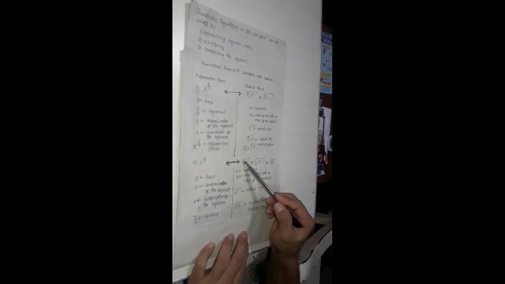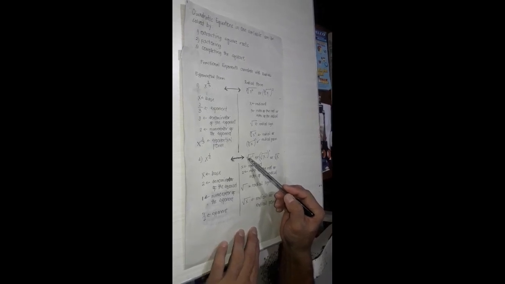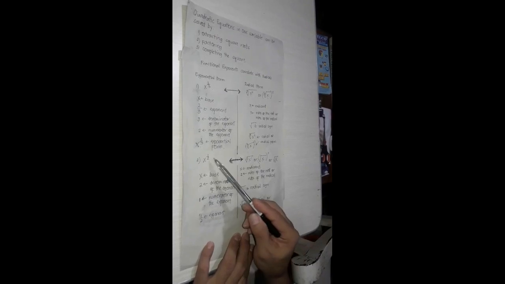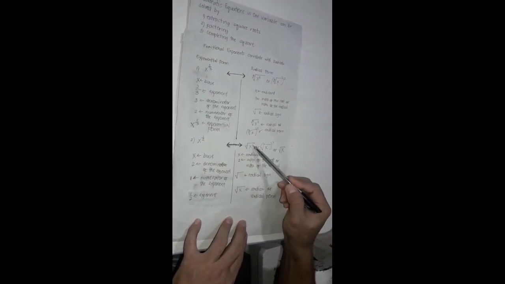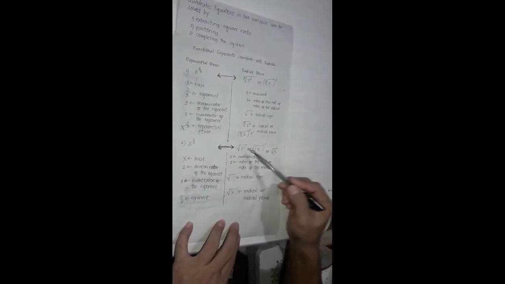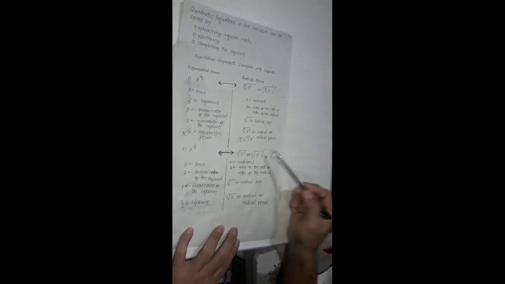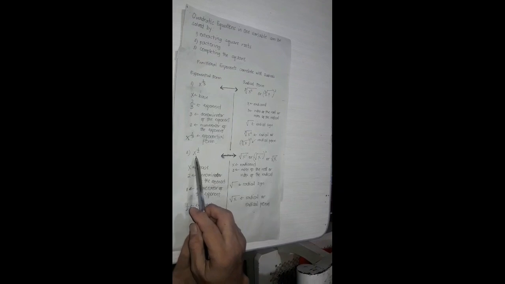Then the numerator of the exponent, which is 1, is also understood, so it is not needed to write 1 as the exponent. So this is the radical form of the exponential expression x raised to 1/2.